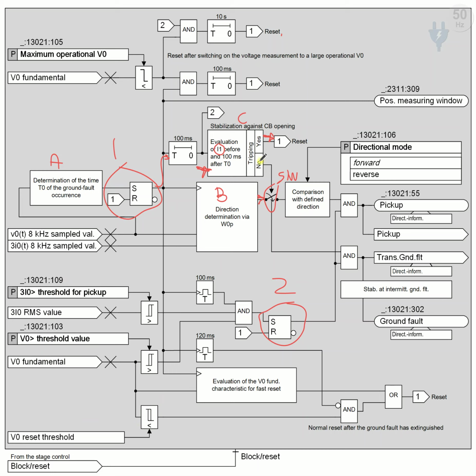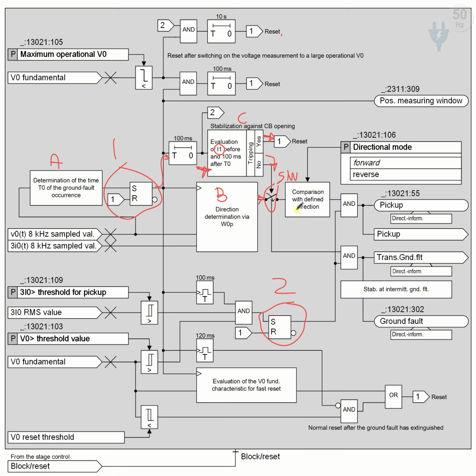But what happens if there is no major change in the positive sequence current just before T0 and after T0? Then block C generates a signal on the no terminal, which turns on this switch, and this switch connects the signal from the direction determination, which is already generated.